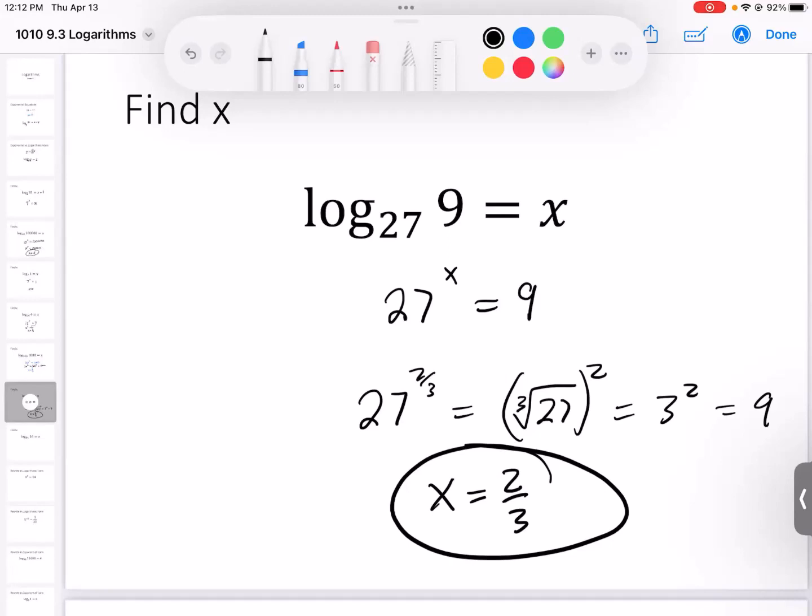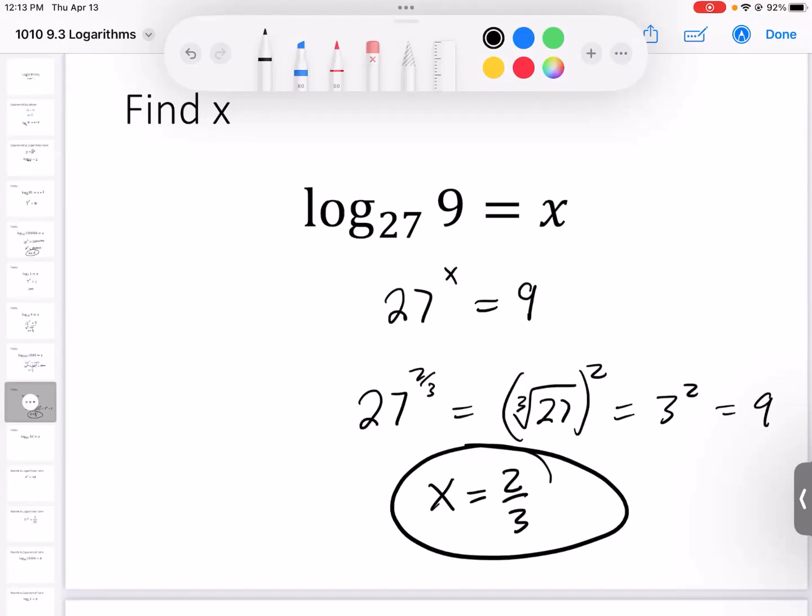So when you have these ones where it's going to be a fraction, what I would recommend is first of all, figure out what type of root you need in your fraction. So when I look at the 27, I say, okay, well, I know that 27 is a perfect cube because we've worked enough with exponents to know that 3 to the 3rd power equals 27. So I would start off by just taking the cube root of 27.